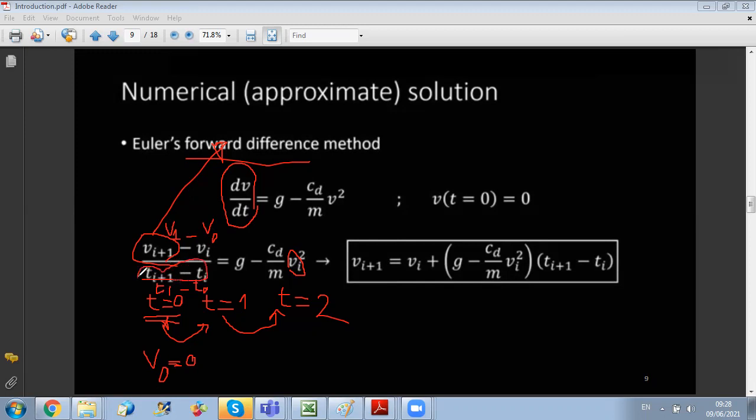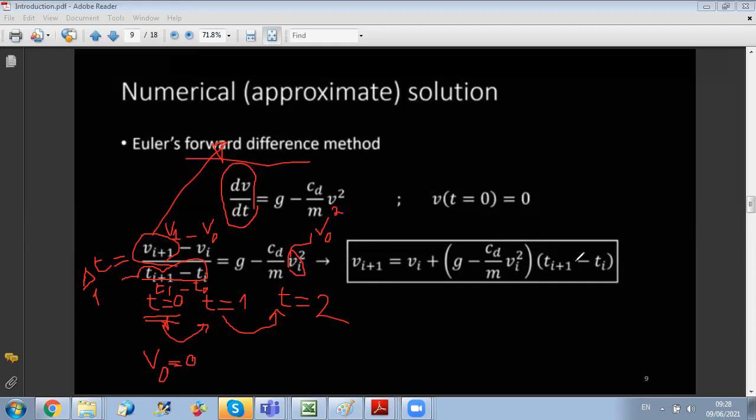So this is equal to the time step, delta t. For example, here we consider it equal to 1. Equals, from the other side, g minus cd over m, v squared. Now, you will replace here by the velocity at point 0. So as you can see, you can predict v at point 1 as a function of v at point 0.